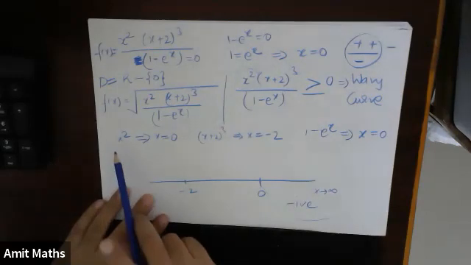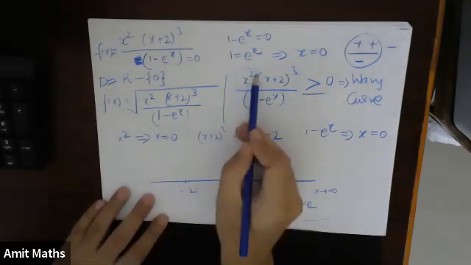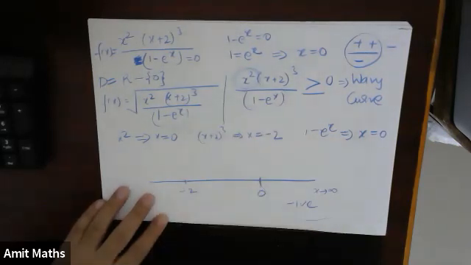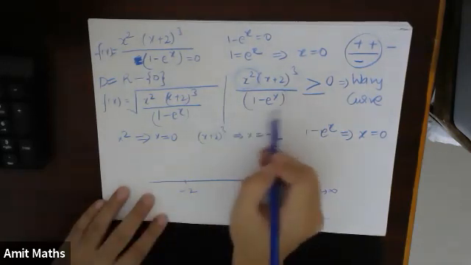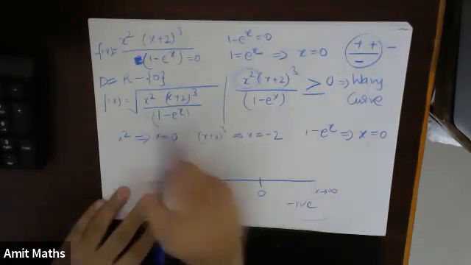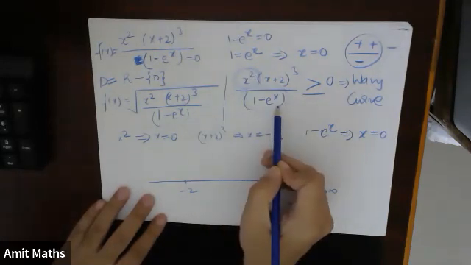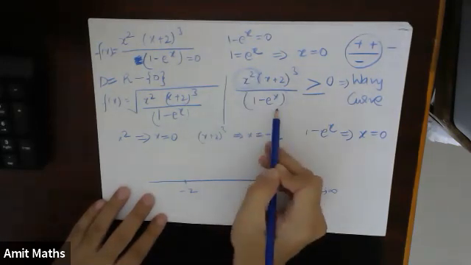What are those two parts? This is x squared, and the other part is 1 minus e to the power x.